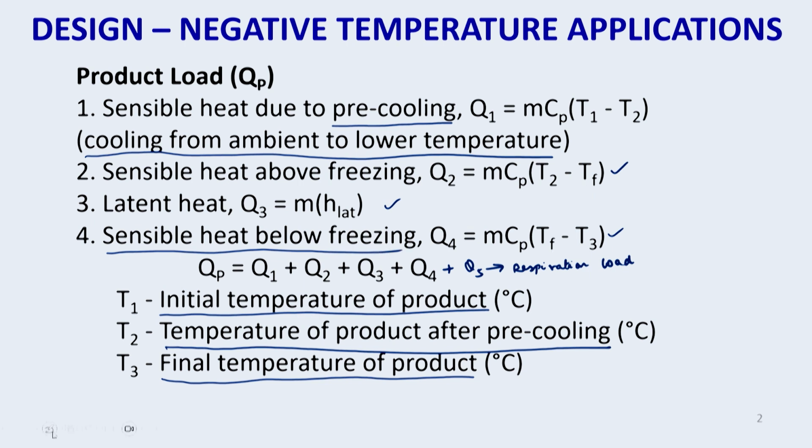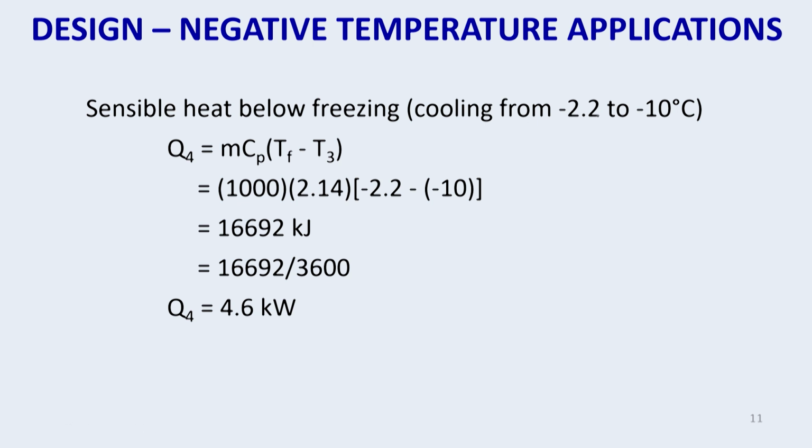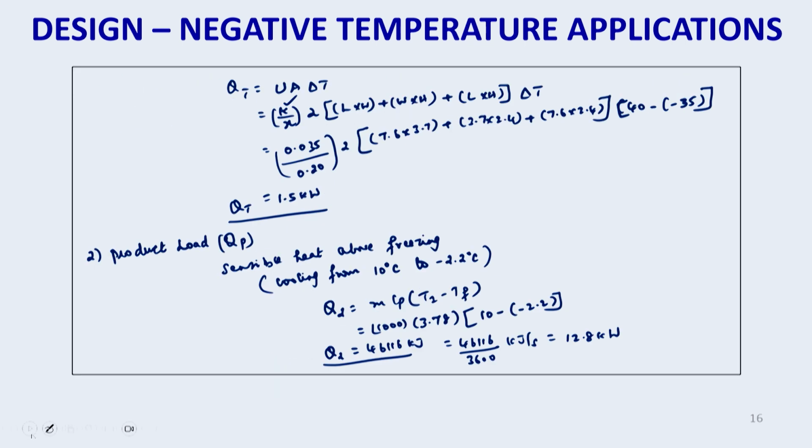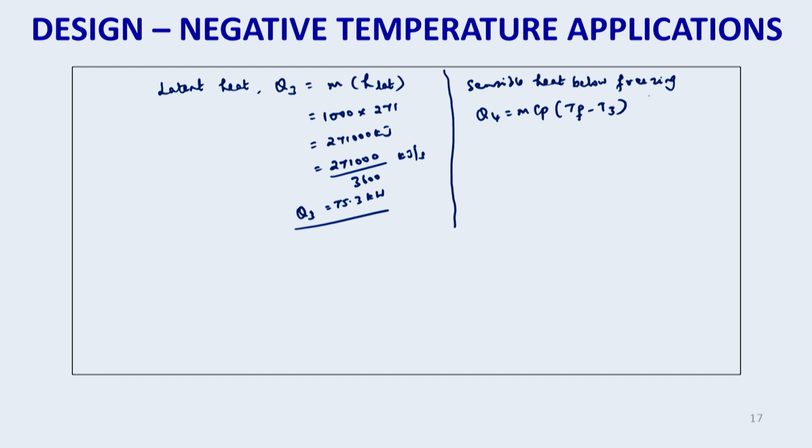If you see the formula, sensible heat below freezing is Q4 equal to m Cp (Tf minus T3). T3 is given as minus 10, so it is cooling from Tf, minus 2.2 degrees centigrade, to minus 10 degrees centigrade.